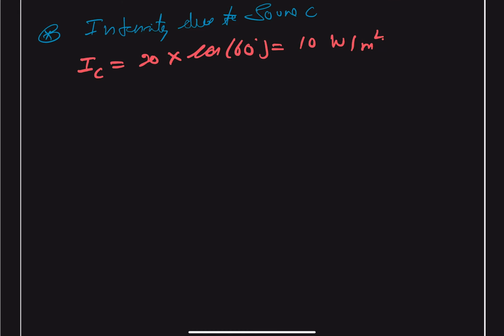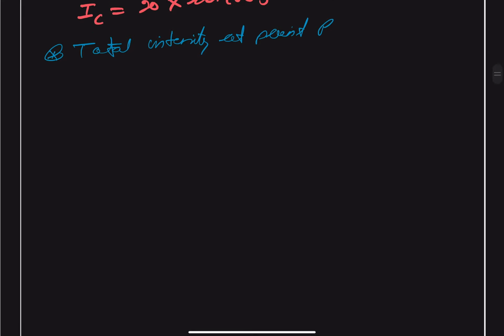So total intensity at point P, we get this as I total will be equal to intensity because of A, intensity because of B, and intensity because of C. So we have 5 upon 2 pi plus 10 upon pi plus 10.